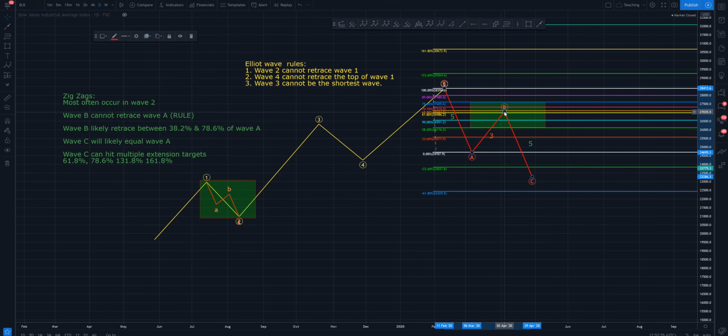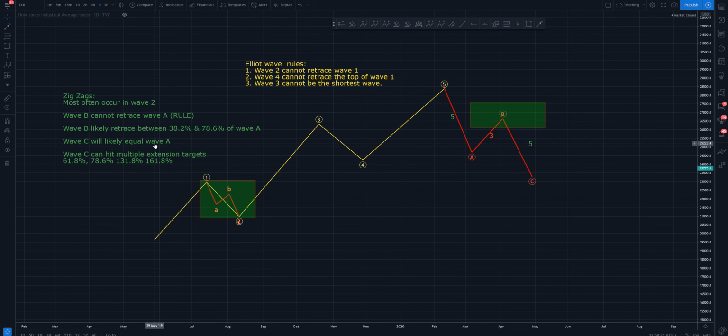Now, let's just position it at the 50 bound. I tend to find that the 50 comes up quite often, but your most likely targets are the 38.2, 50 and 78.6. But anywhere in this green area is likely. But because we also are observing a rule that wave B cannot retrace wave A, 99.9% retracement of wave A is possible. Just not very likely.